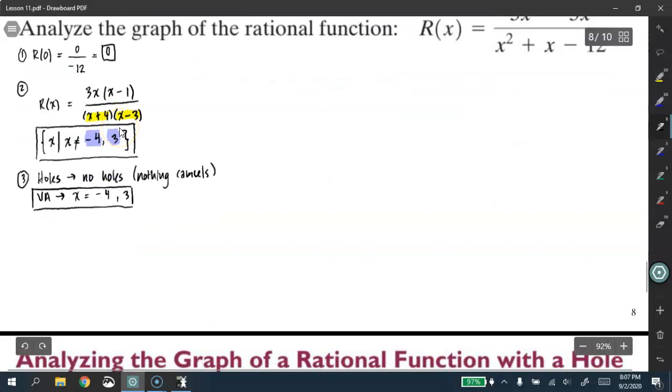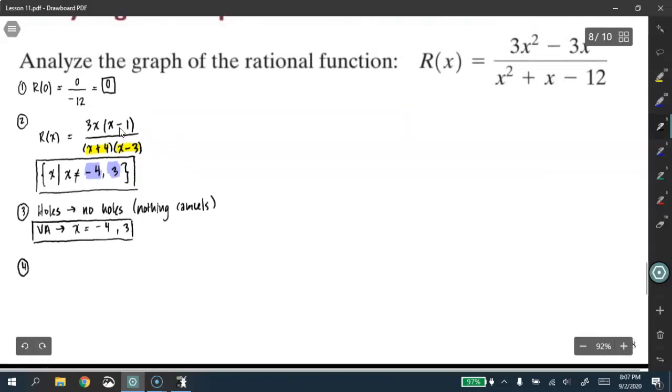Now, the next thing that we're going to do is find x-intercepts. Now recall, to find an x-intercept, what you need to do is set the numerator equal to 0. So basically, let's take the numerator, which is 3x multiplied by x minus 1, and we set it equal to 0. So when we set that equal to 0, basically one of two things can happen.